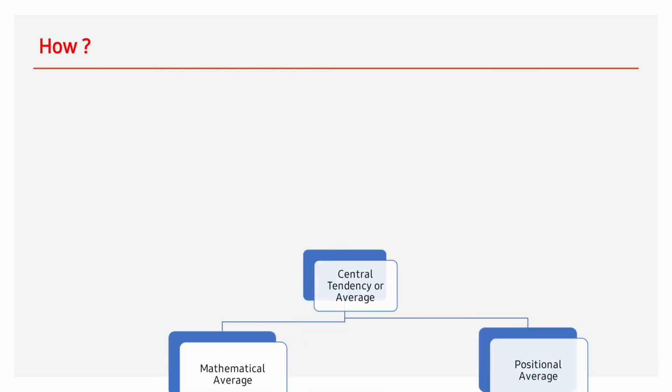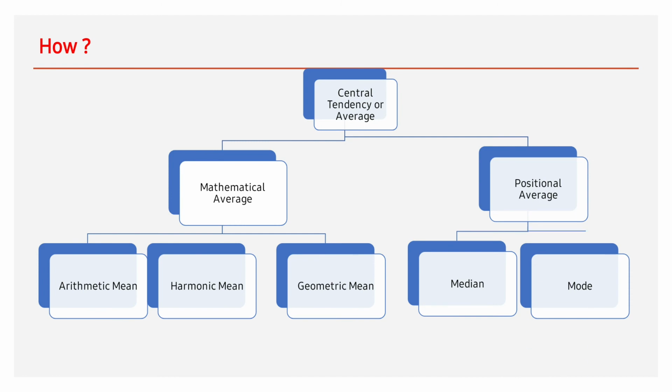Next, we will see how we are going to do this measure of central tendency. So, measure of central tendencies is broadly classified into two categories, mathematical average and positional average. Mathematical average is again classified into arithmetic mean, harmonic mean, and geometric mean.